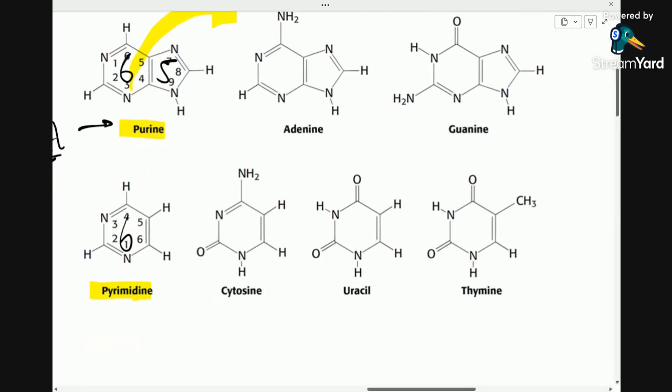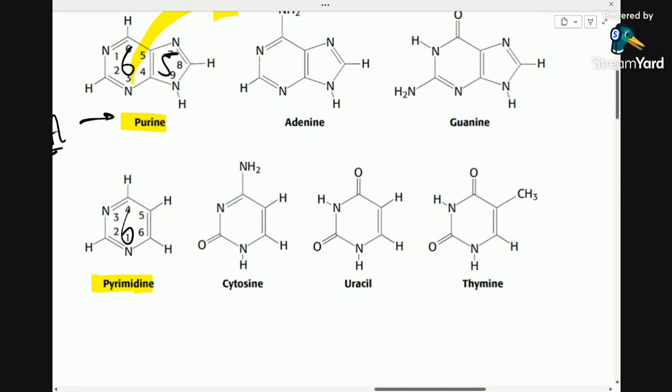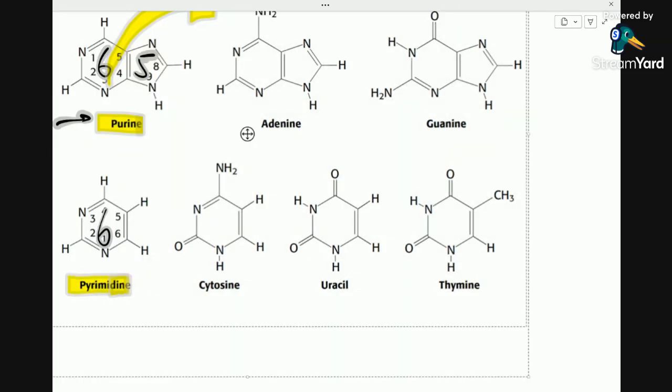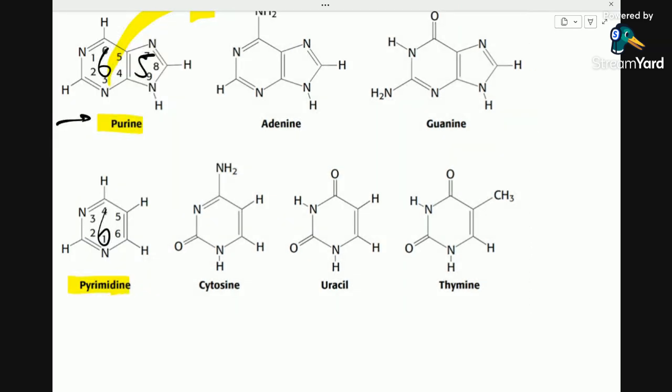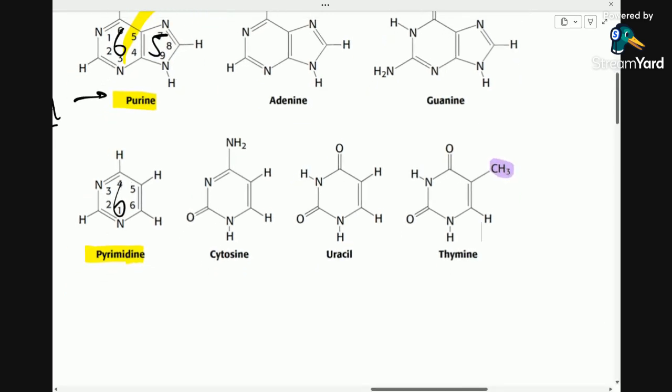Same thing for cytosine, uracil, and thymine. Worth pointing out, of course, that in RNA, we use uracil and not thymine, and yet the only difference between these two, between uracil and thymine, is the methyl group here. Okay, so you can think of thymine, if you like, as 5-methyl-uracil. Okay, it's on the 5th carbon here.